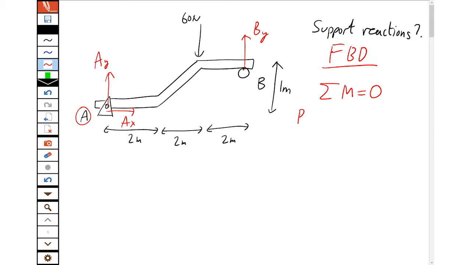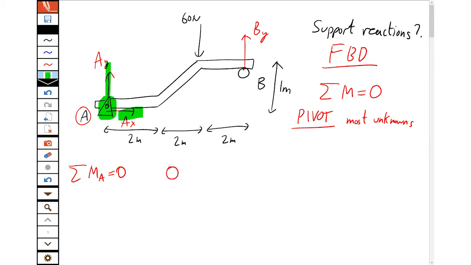Now remember, to take the moments, we need to choose a pivot point. And to make our math easier, we always choose the pivot with the most unknowns. Now we can see here, that's A. It's got 2 unknown forces, while B only has 1 unknown force. So we take the sum of the moments around A is 0. So force AX is acting through the pivot, so it produces no moment.